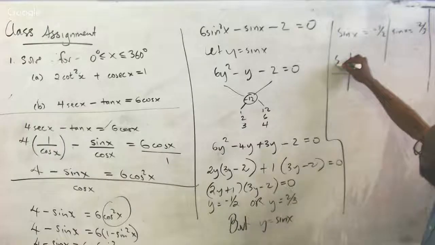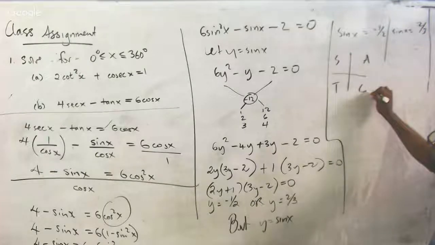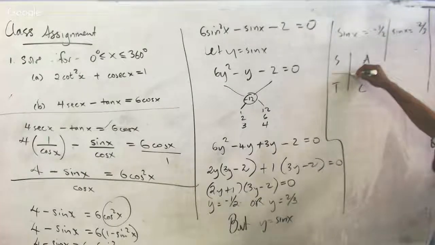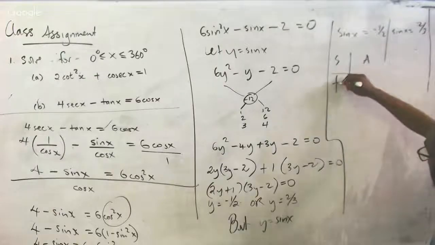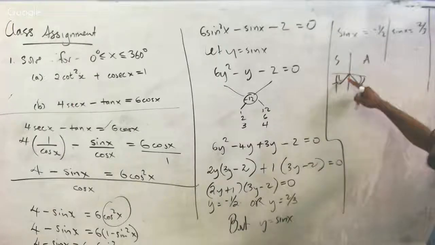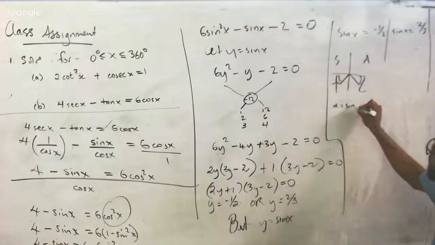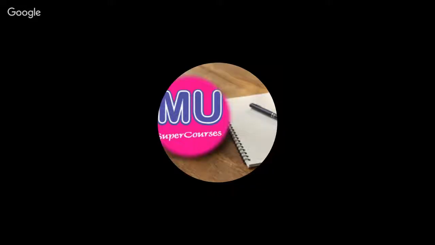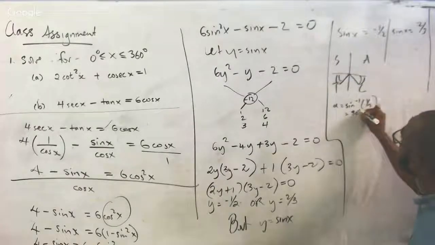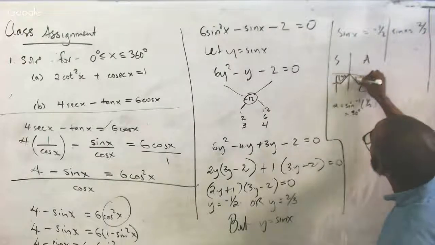Quadrants on the wall: where is sine negative? It's negative where it's not positive. Here and here. Again, alpha, sine inverse of a positive half is what? 30 degrees. So 30 goes there, 30 goes there.